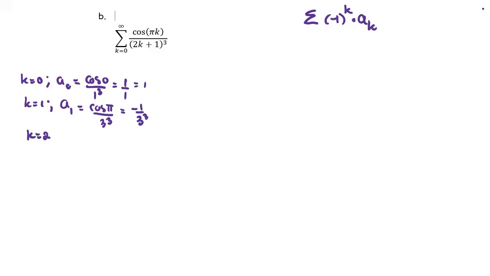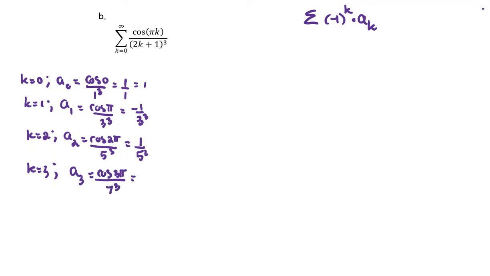For k equals 2, a_2 equals cosine of 2 pi divided by 5 to the third, and cosine 2 pi is 1, so the term is positive 1 over 5 to the third. Let's do one more term. For k equals 3, a_3 equals cosine of 3 pi divided by 7 to the third power, or negative 1 over 7 to the third power.